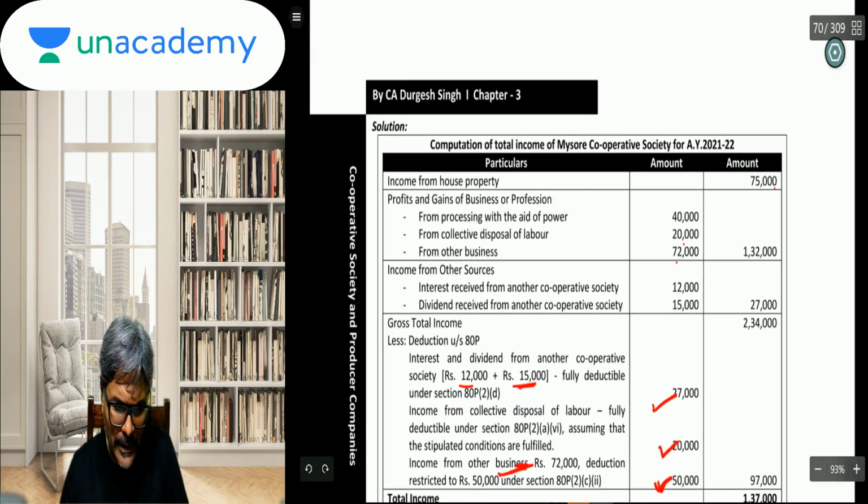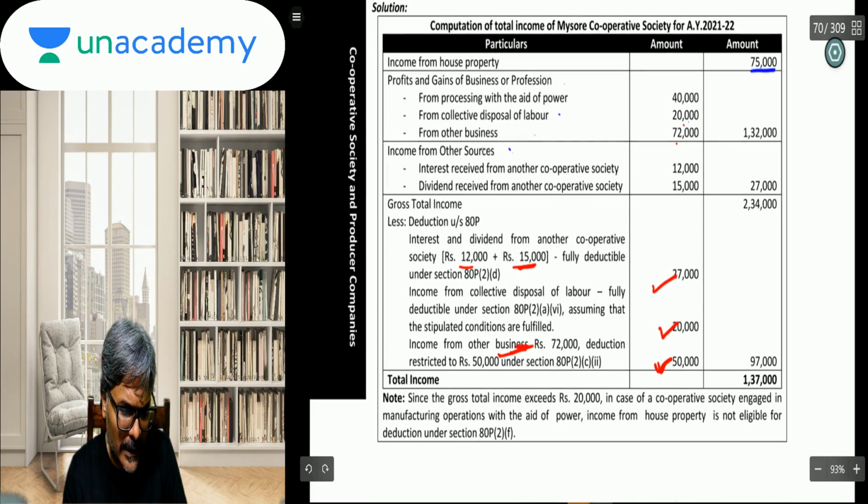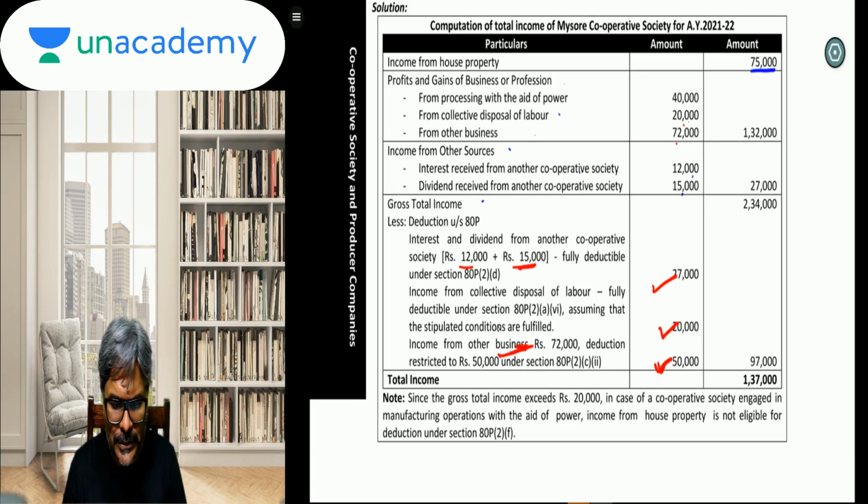So if you see over here, house property income, PGBP: processing with aid of power 40, collective disposal 20, from other business 72, 132 in all. IFOS: interest received from other cooperative society 12, dividend from another cooperative society 15, 27,000 is what I am getting. GTI 234, less 80P deduction, students. So 80P interest and dividend 12 plus 15, 27.